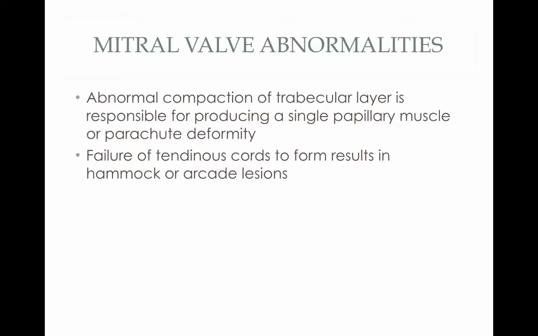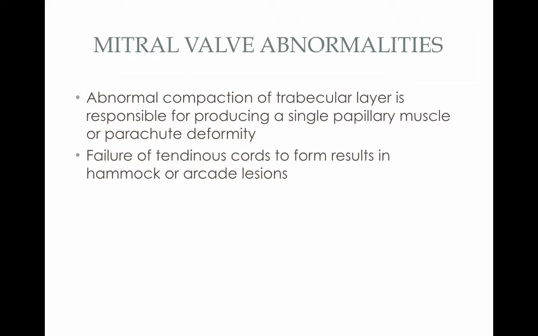Now we'll go into more detail about mitral valve abnormalities as the weeks go on, but we can have some mitral valve abnormalities. If there's abnormal compaction of the trabecular layer, this can form a single papillary muscle, or parachute mitral valve, where there's only a single papillary muscle.